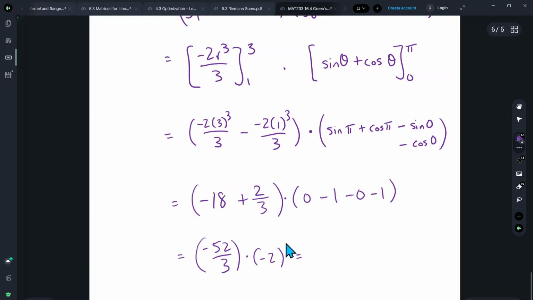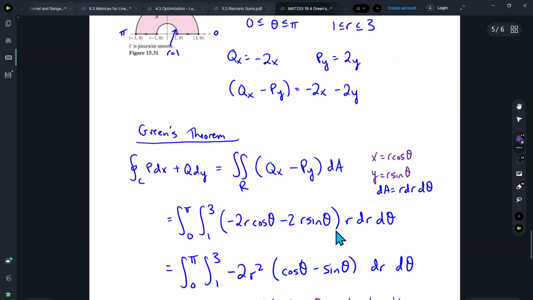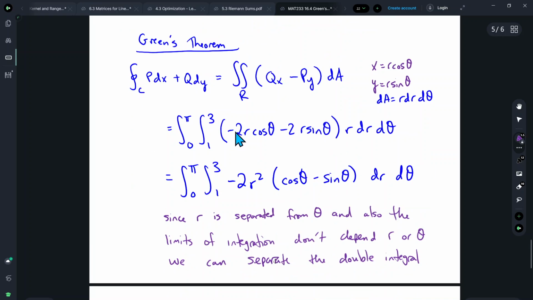Hold on, I think I've made a mistake. This comes out to be positive. The answer should be negative. So let's go back. Here I had minus 2r times cosine theta minus 2r times sine theta, and then I factored out the minus 2r.